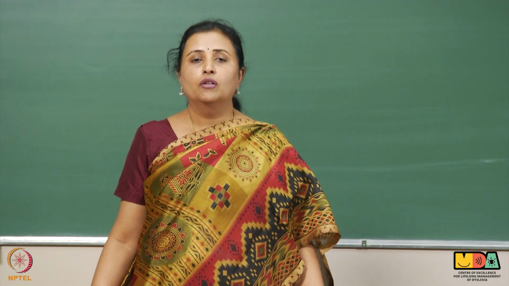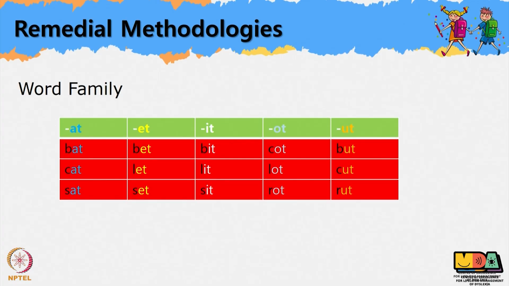Word family is a group of words falling into the same spelling pattern. We are right now looking at the word families on the screen. We have the at family, et family, it family, ot family and the ut family. Under at, we have words like bat, cat, sat, mat, rat.